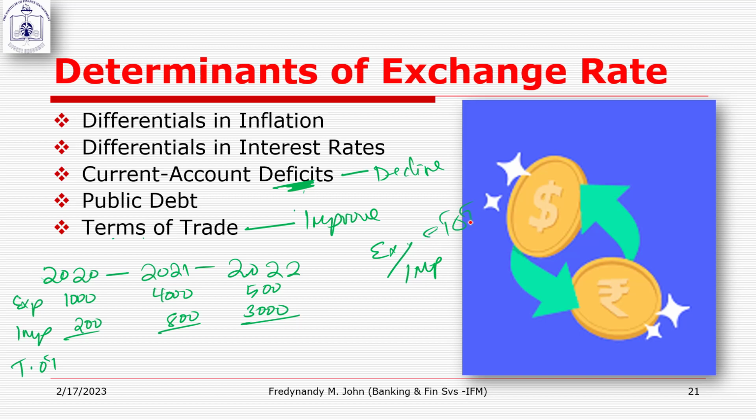This will give you TOT. Now, in the year 2020, we export 1,000 units and import only 200 units. So here you get 5, right? TOT. What about here?